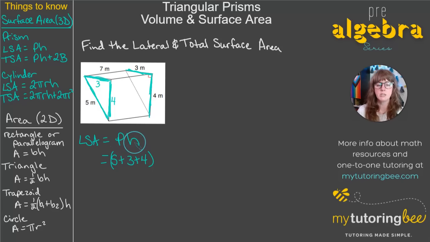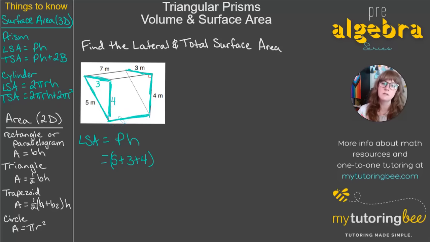Now, H can be very confusing with these formulas because we are used to seeing the height as a two-dimensional measure, as in 1/2 base times height, for example, for the area of a triangle. However, when we are looking at the surface area formulas, we're talking about the height of the three-dimensional shape.